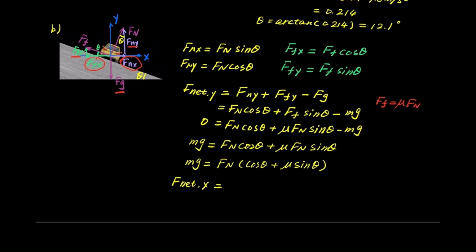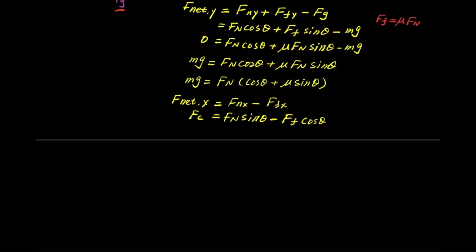So we have F net x equals Fnx minus Ffx. So Fnx is Fn sine theta minus Ffx is Ff cosine theta. And we know this net force in the x direction provides the centripetal force needed to turn the car. So F net x equals Fc.